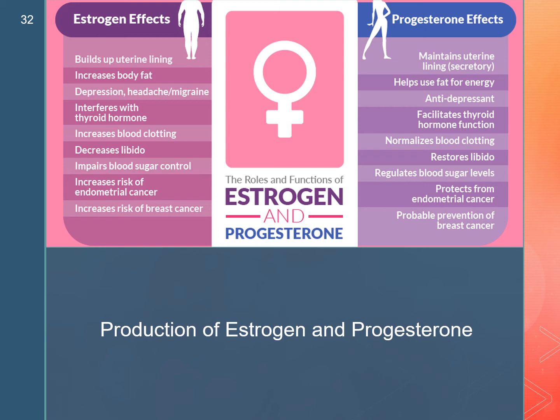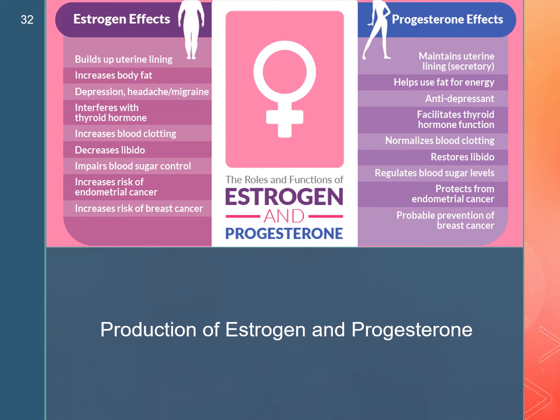Now, estrogen is predominantly secreted by the granulosa cells that surround the developing oocyte. And once ovulation occurs, the corpus luteum is going to be responsible for secreting progesterone and also a little bit of estrogen. So what does estrogen do? Estrogen is responsible for the development and maintenance of the female's secondary sex characteristics.